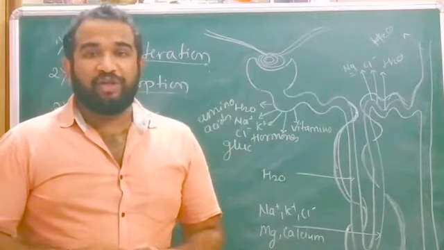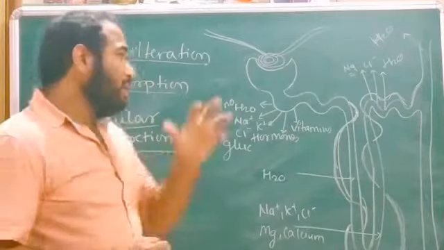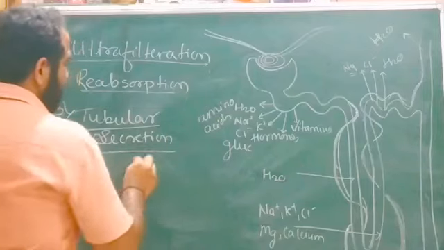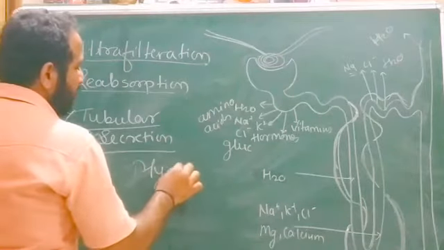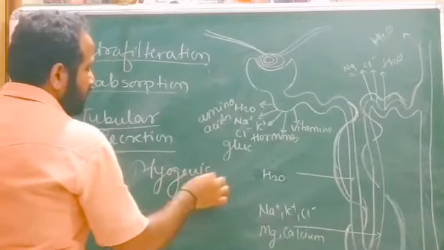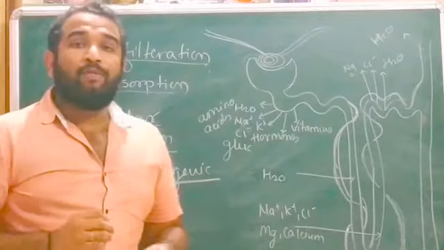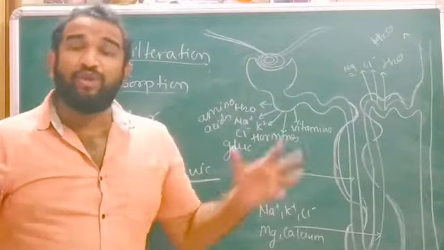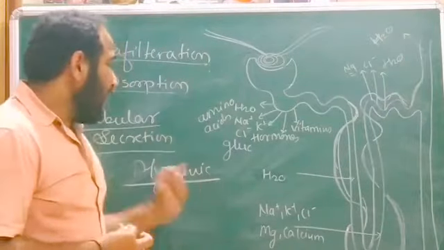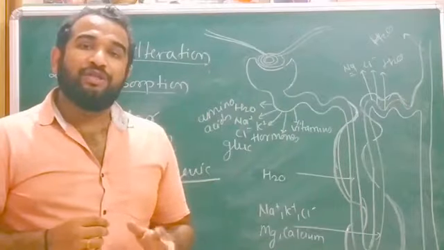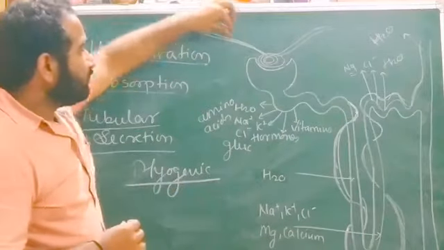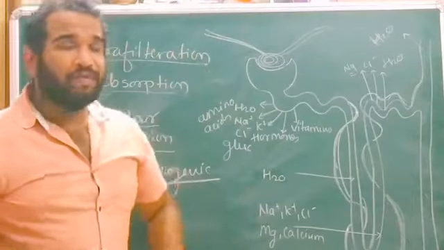Now this ultrafiltration is under three controls. One is the myogenic control. We are talking about the regulation of ultrafiltration. Myogenic means related to the muscles.